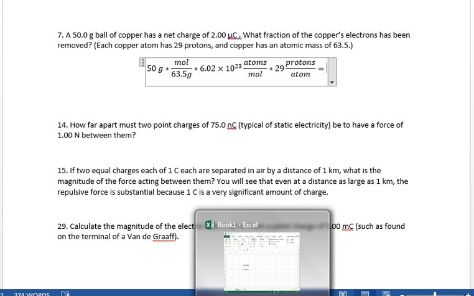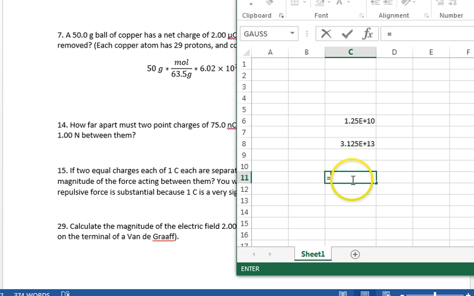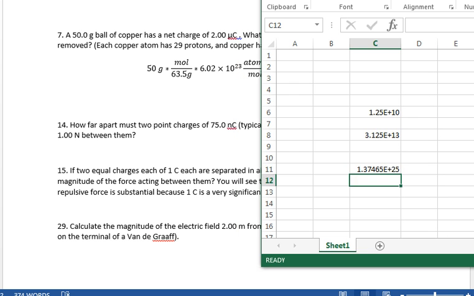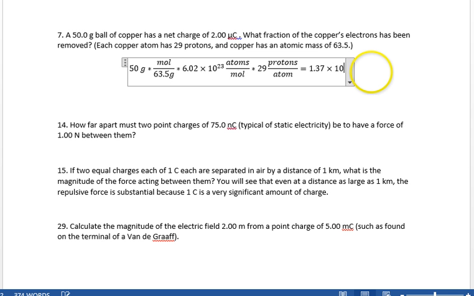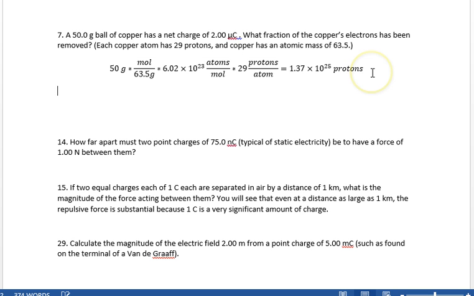So what does this look like? 50 divided by 63.5 times 6.02 times 10 to the 23rd times 29, and that gives us 1.37 times 10 to the 25th protons. That is also how many electrons a neutral bit of copper would have.